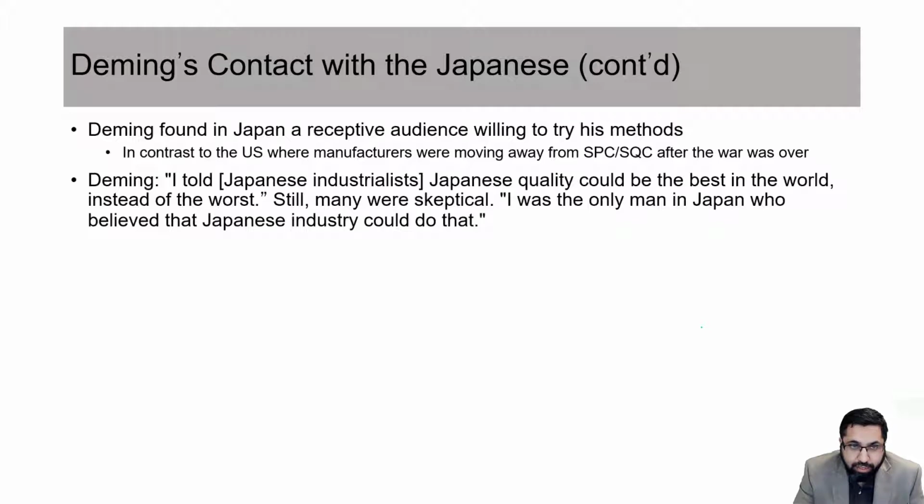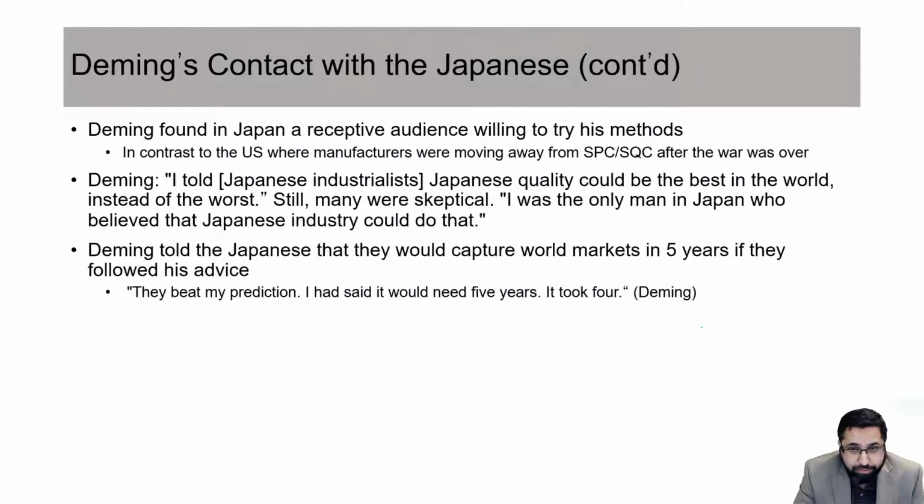Deming said that he told Japanese industrialists that their quality could be the best in the world instead of the worst. Many were skeptical because these methods were new. Businessmen didn't have experience with these methods. That's why in the US, a lot of people were not listening to these quality gurus either. And so Deming says he was the only man in Japan who believed the Japanese industry could do that.